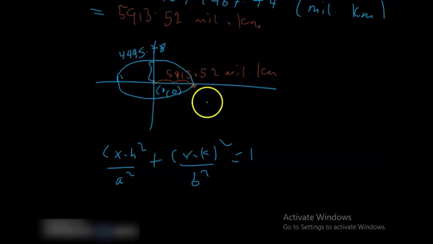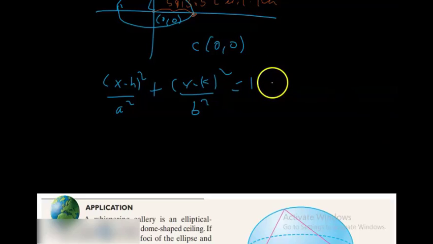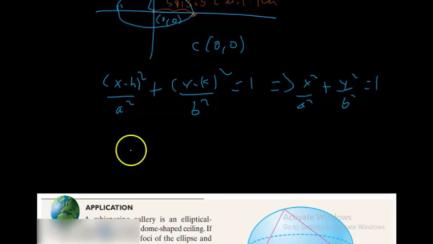Since the center is at (0, 0), substitute 0, 0 instead of h and k, and the equation becomes x squared over a squared plus y squared over b squared equals 1.